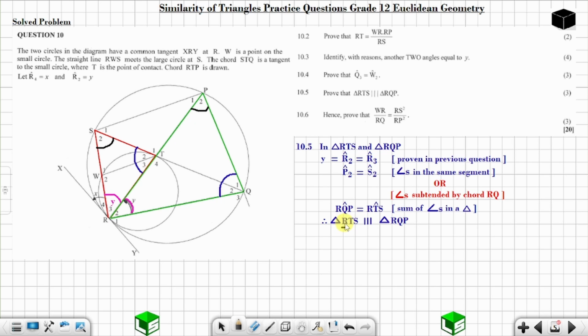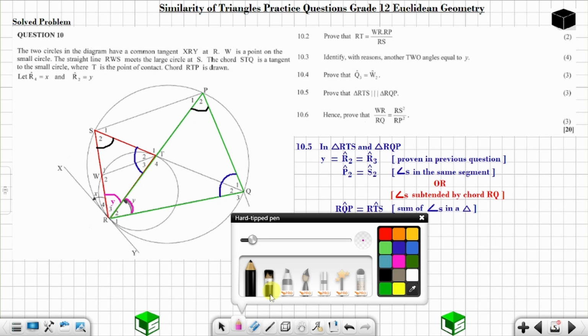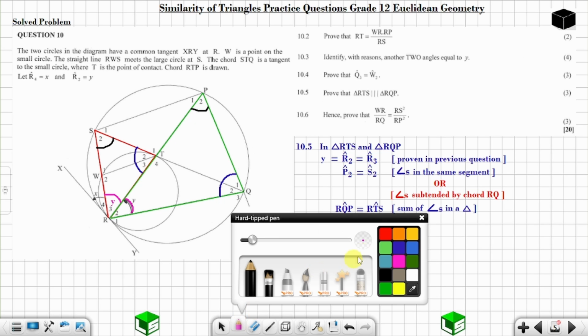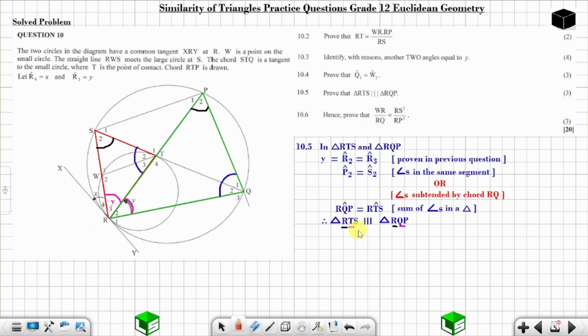The angle at R in this triangle is equal to the angle at R in another triangle, and this angle at T in this triangle is equal to the angle at Q in another triangle, and this angle at S in this triangle is equal to the angle at P in another triangle.